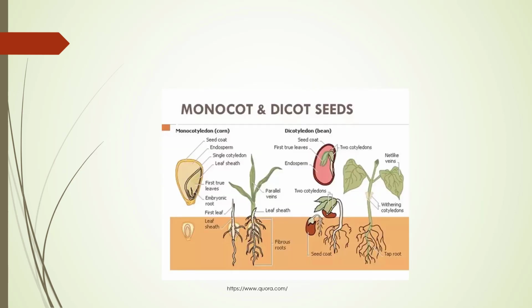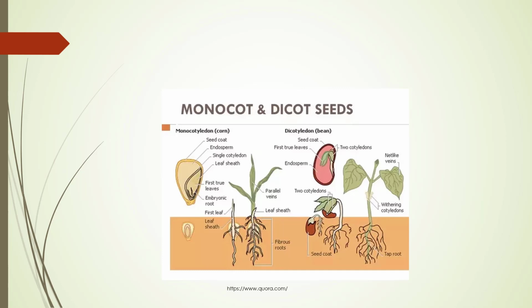Okay, so here's another graphic talking about the roots, and for the most part, monocots are going to have fibrous roots. A lot of dicotyledons do have tap roots, but they also have fibrous roots, so don't let that fool you. You can have dicotyledons with fibrous roots.